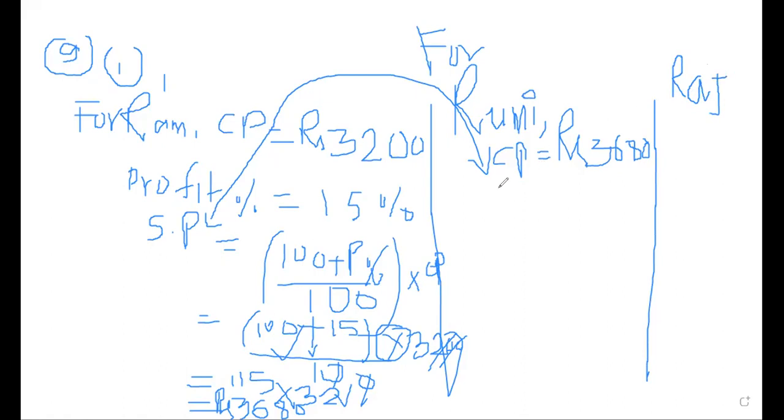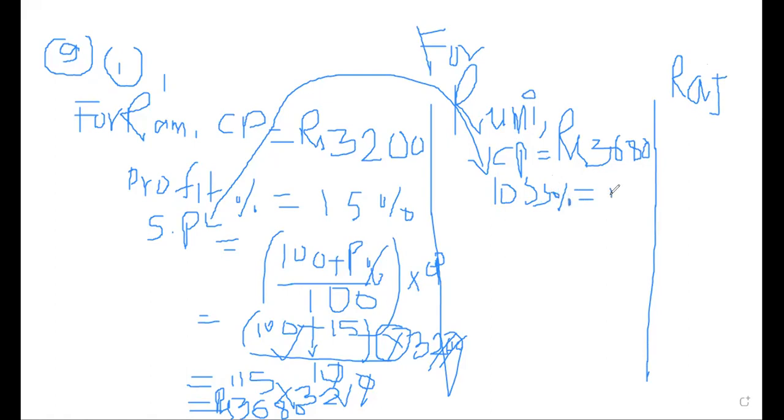That means what is the loss percent for Rumi? 15%. There is a loss percent given, because Rumi is selling to Raj at a loss.